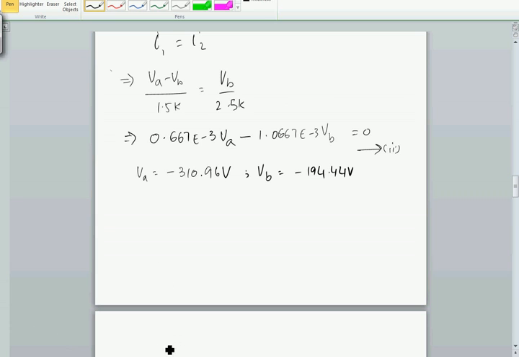Okay, that means my open circuit voltage, V open circuit, which is equal to V Thevenin, which is equal to VAB, will be equal to -310.96 minus -194.44.